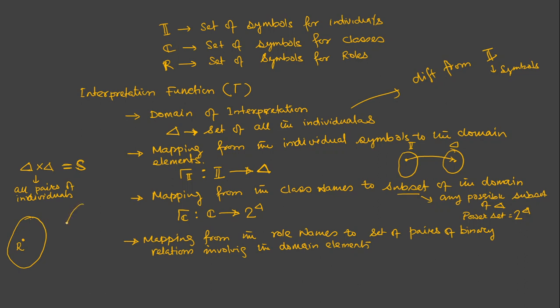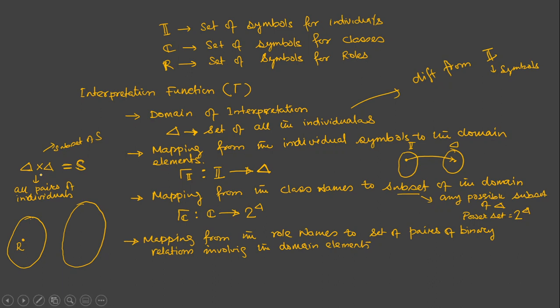R will be mapped to a subset of S, because R will not hold for every pair of the domain elements.